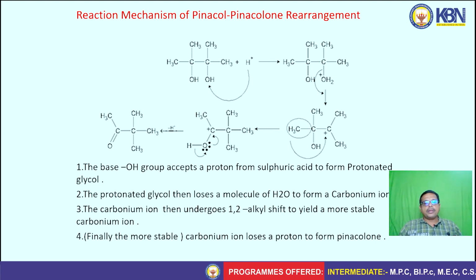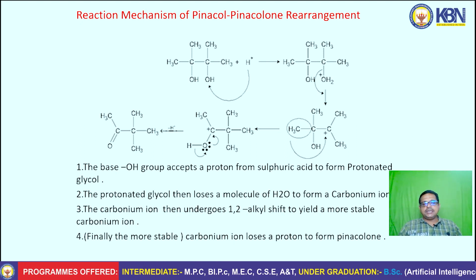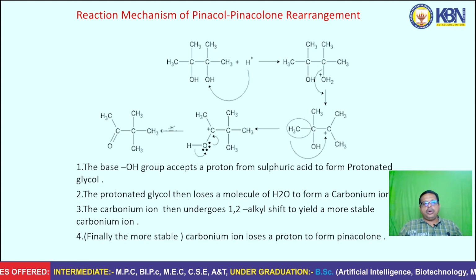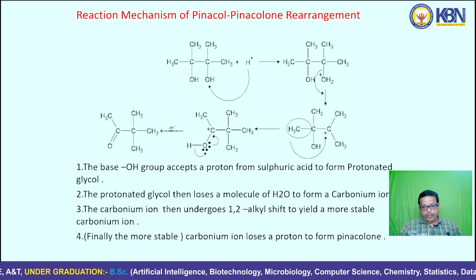Finally, the more stable carbonium ion loses a proton to form pinacolone. This is the mechanism of pinacol-pinacolone rearrangement.